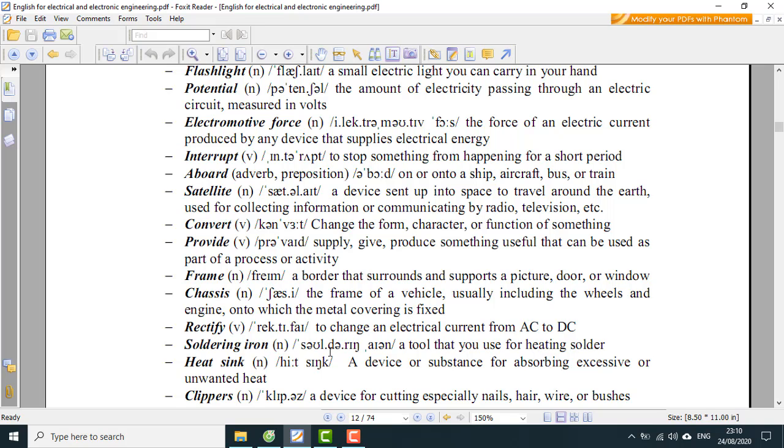Rectify means to change an electrical current from alternating current to direct current. Soldering iron means a tool that you use for heating solder.